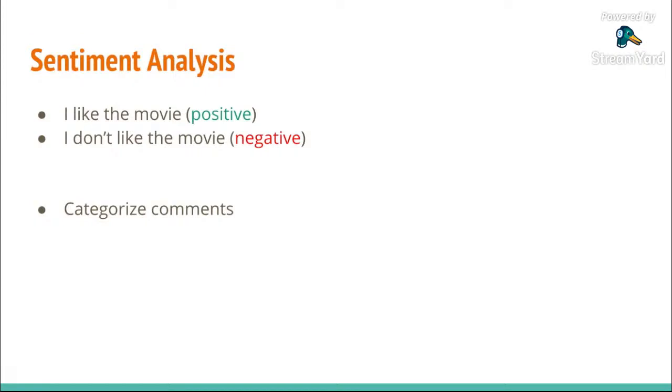If it is a sentence like I saw the movie, then there is no positive or negative sentiment in it. We are just saying that you saw a movie. In that case, the sentiment would be neutral. So these are the three major types: positive, negative, and neutral.